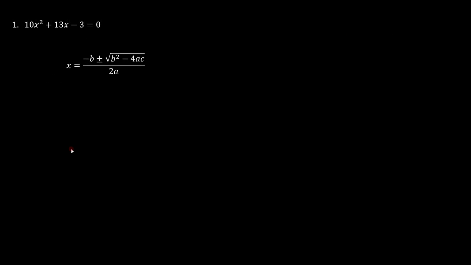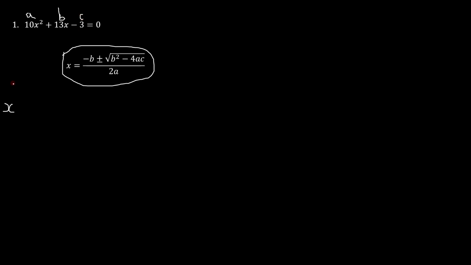It says 10x squared plus 13x minus 3 is equal to 0, and we state the general formula. As I mentioned earlier, this is a and this is b and this is c.